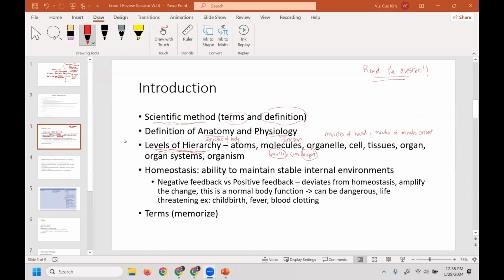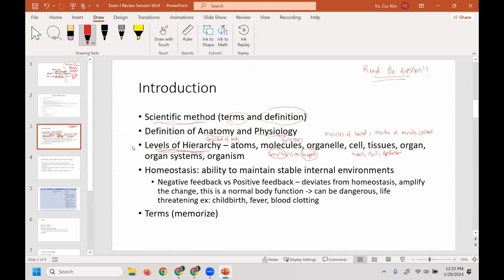I list the following and ask you to put them in the correct order. A higher level of the same question could be: I've got the heart, I've got water, I've got epithelium, and I would ask you to put these in order of smallest to largest. So from smallest to largest, how would you put this?